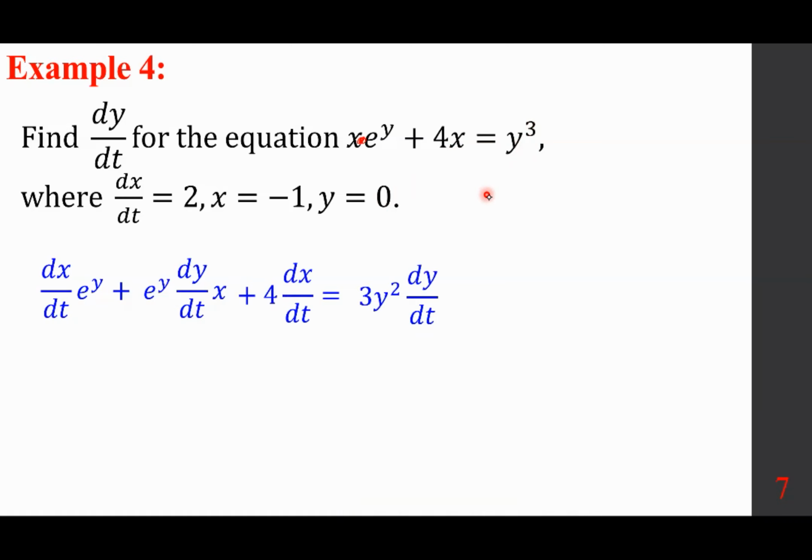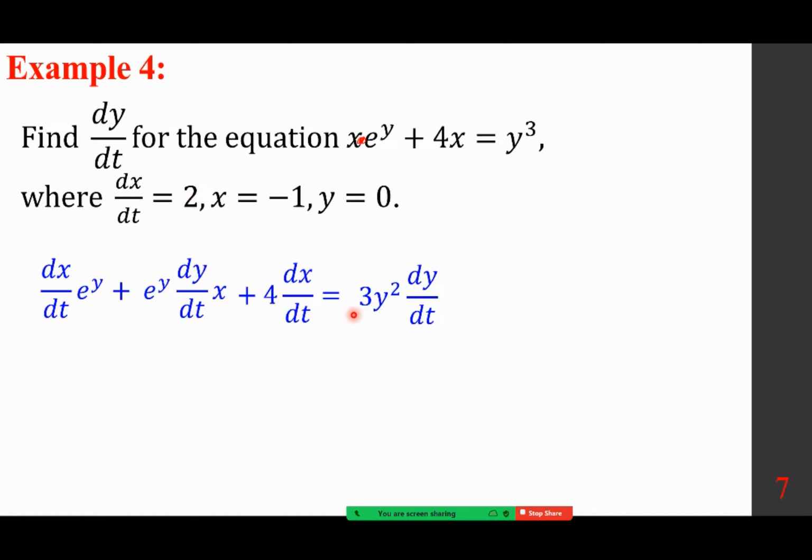We are going to plug in, which means we are going to replace whatever is given to us. dx dt, replace it with 2. e to the power of y, replace the y with 0, plus e to the power of 0 dy dt, missing, x is negative 1, plus 4 dx dt is 8.